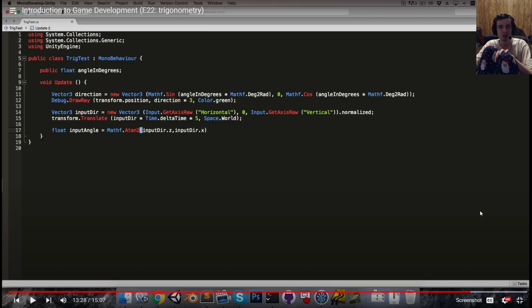Got it. Tangent goes y over x. Would there be any use for an x over y? No, right? Wouldn't it just be 1 over tangent?